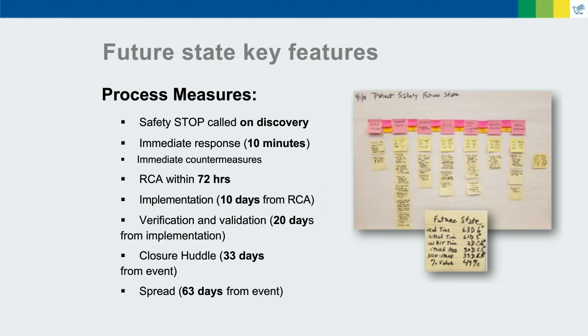We also have a closure huddle where we go back and close the event with the frontline staff and thank them for calling the safety stop and for all the improvement work. And then we are committed to spreading this across the system, which is something we are still working on. We do for the most part, but we are still working on processes that will make that more reliable.